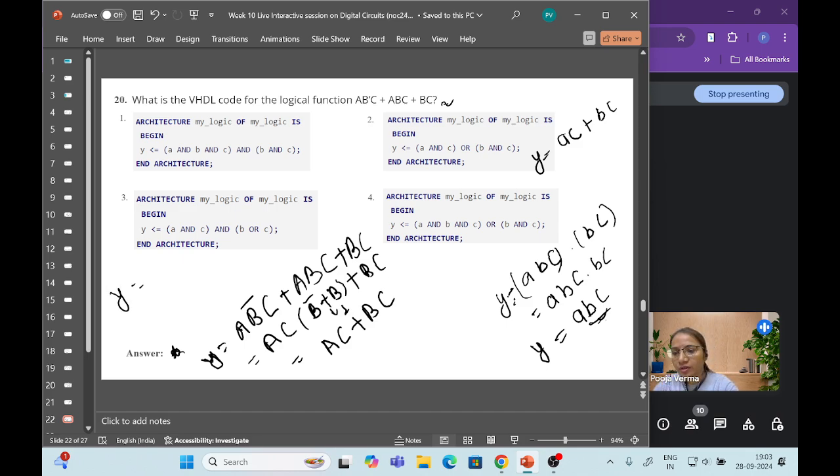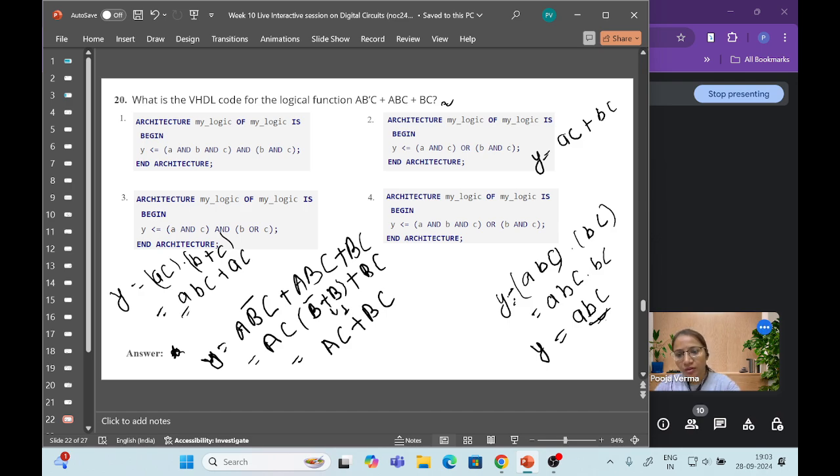Option C is implementing A and C, but here it is a and, B or C, where or means plus. Already we know that and means multiplication. So if we multiply, we will get ABC plus AC only.